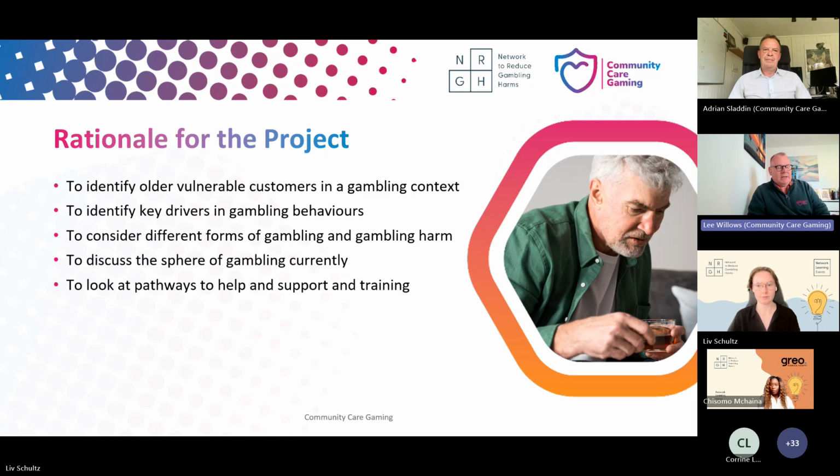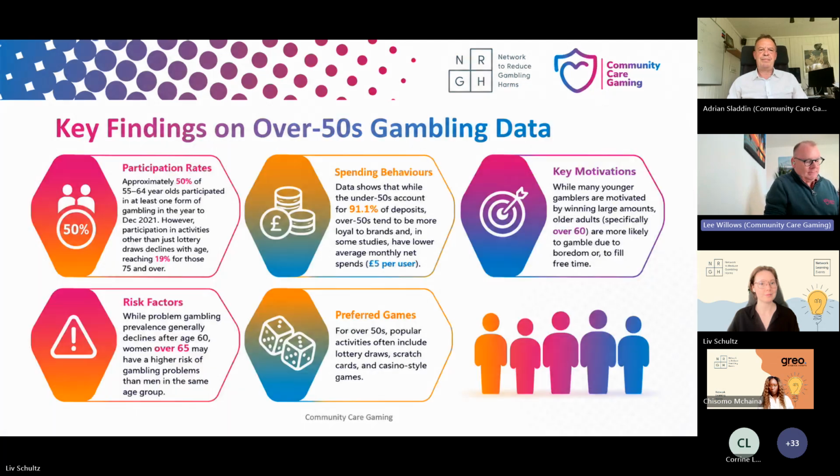What's been really pleasing to see over the past 12 years is far more organisations now doing education around gambling harms with young people, either direct delivery or through a train-the-trainer model as well. And that's been brilliant to see. But when we started looking at this, we came to the conclusion rather quickly that nobody's looking at that over 50 population. And I'll go through some of the stats in a moment. So that's some of the rationale. If we go to the next slide, then please.